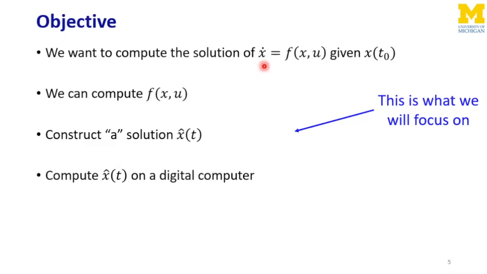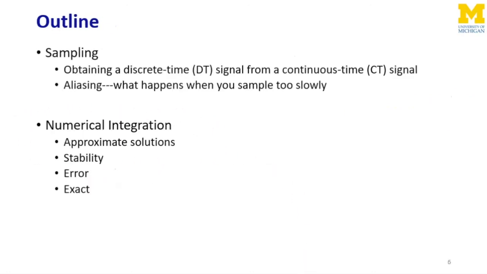So we want to construct a solution x hat, and I say a solution because we're not getting the exact solution of this differential equation. We are looking for an approximate solution. And once we have the approximate solution, we will compute x hat on a digital computer. We will be focusing on step number 3 today, mostly in this lecture.